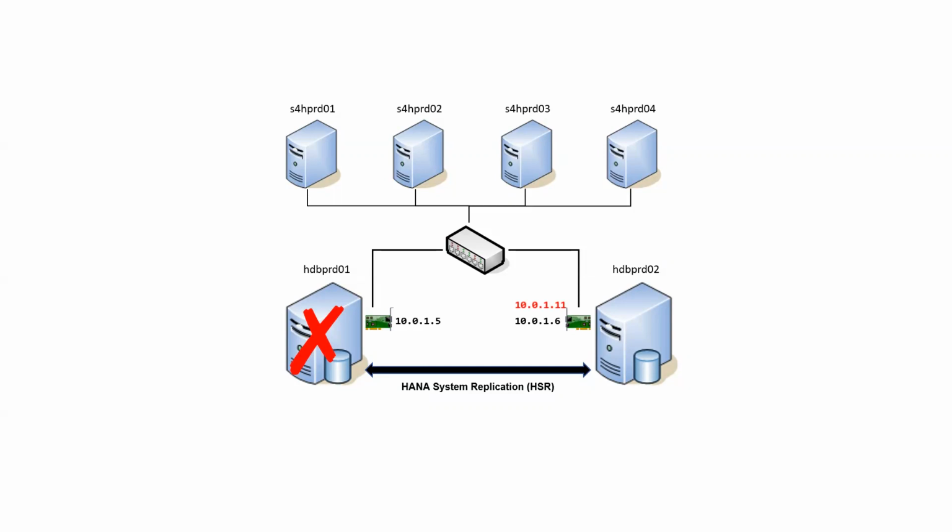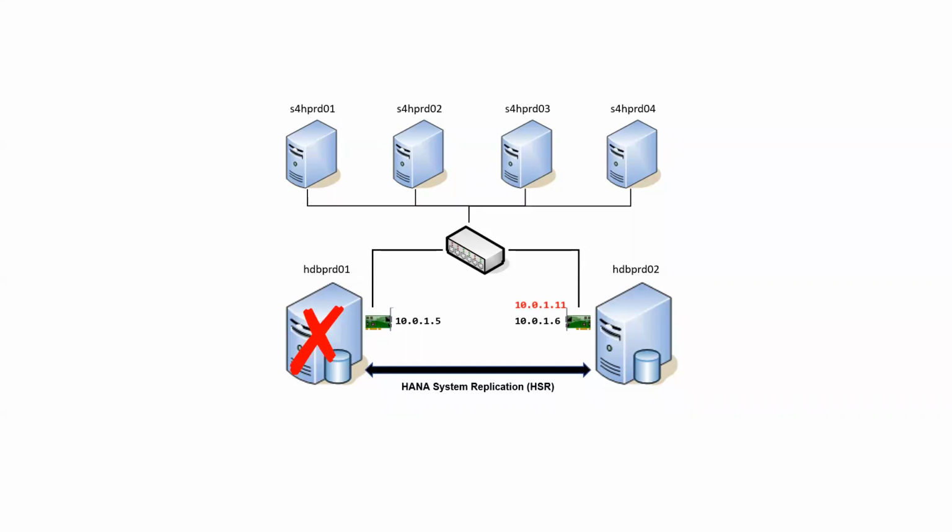The challenge here is that we have identified that the production system, this first node, node 1 HDB PRD01, has gone down or has failed. But how will we confirm whether the node has actually gone down, or whether there is only a disruption in the network service?